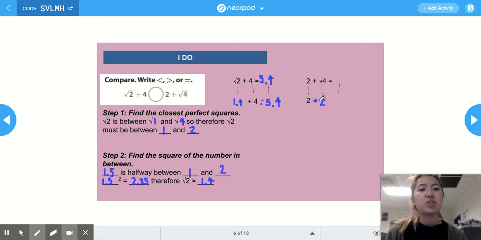So now we have 2 plus 2, which is equal to 4. And so we're comparing 5.4 and 4. We know that 5.4 is greater than 4, so the greater than symbol is going to go in between the two expressions.